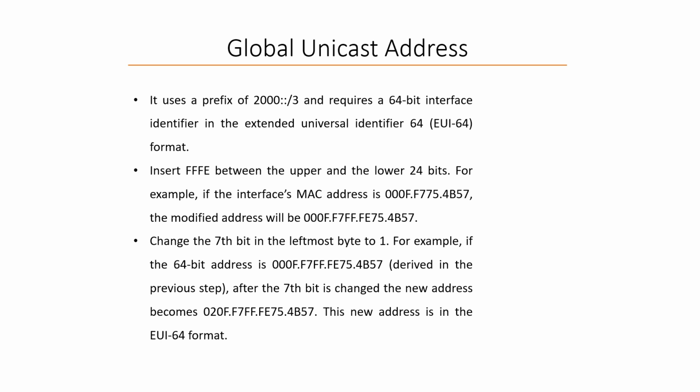For example, if the 64-bit address is 000f.f7ff.fe75.4b57, derived in the previous step, after the 7th bit is changed, the new address becomes 020f.f7ff.fe75.4b57. This new address is in the EUI-64 format.